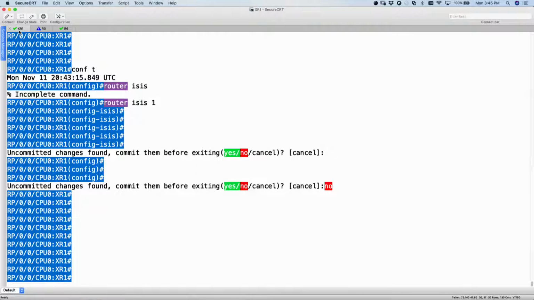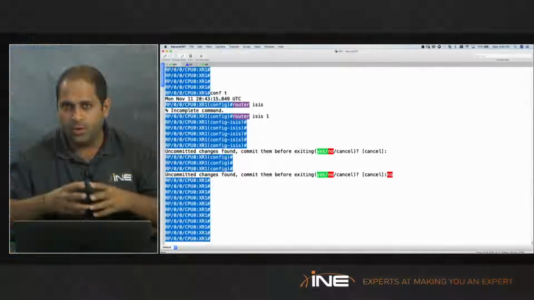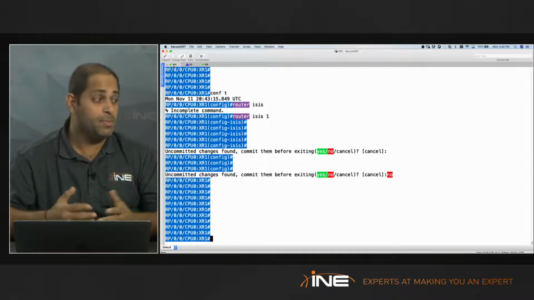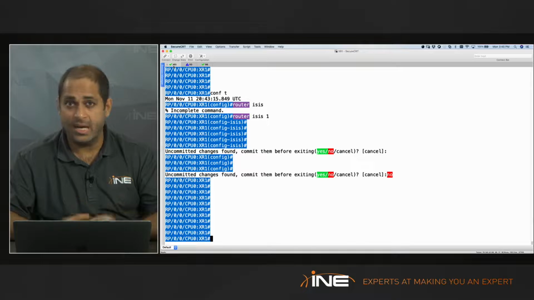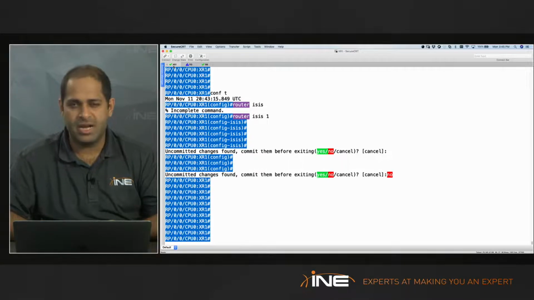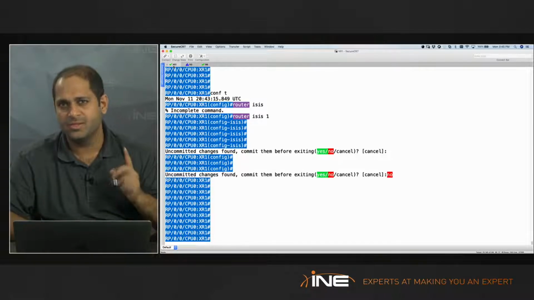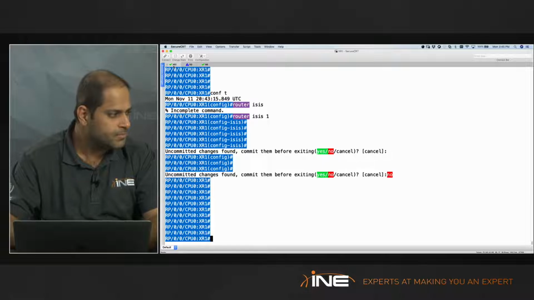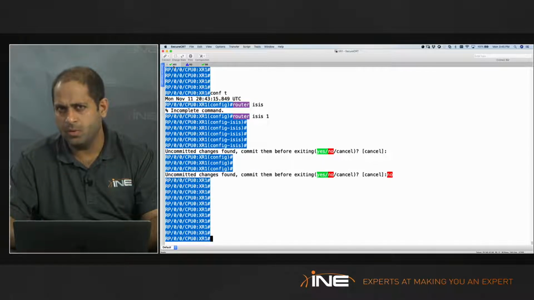So now this type of implementation where I have all the routers in one area is called a single level implementation of ISIS. They basically are in the same area. It doesn't matter whether you do it as level 2 only or as level 1. If they're in the same area, it's called single level ISIS or single level routing. I'll show you by changing it to level 1 only.